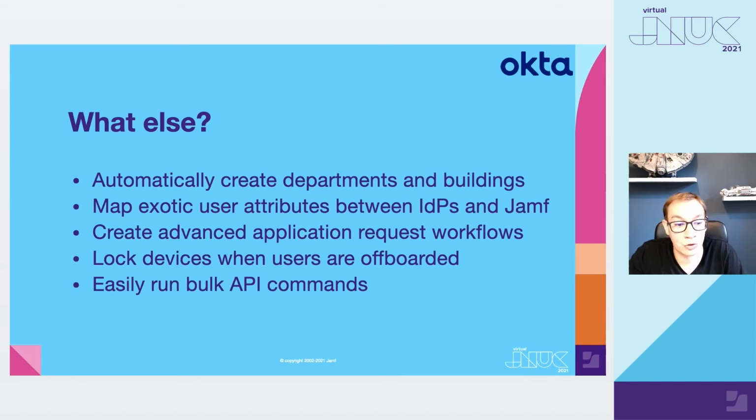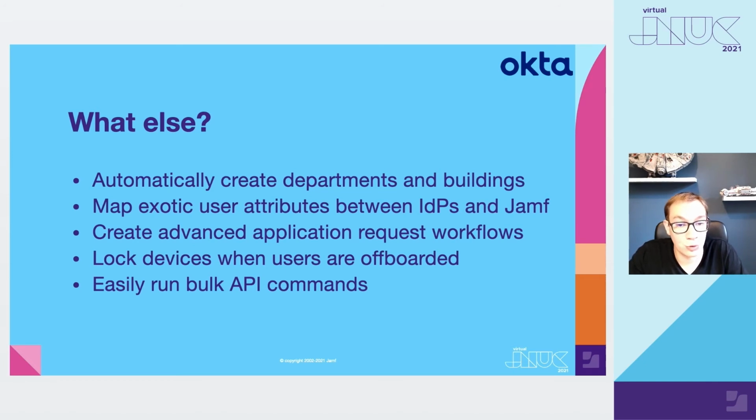For example, you want to collect a user's manager email, or a user's Salesforce ID. Any kind of data that you could collect with Okta Workflows, you will be able to pass as extension attributes in Jamf Pro.